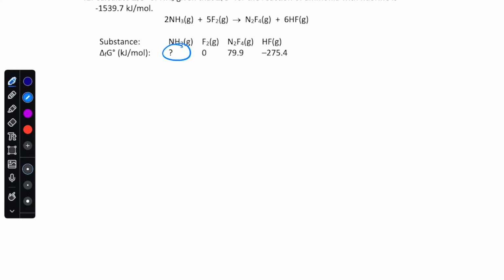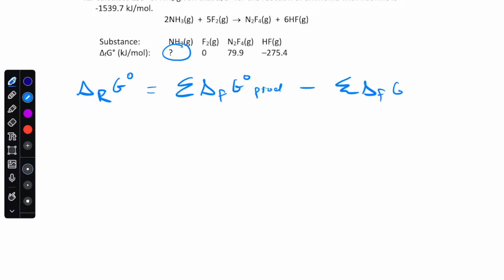And this is just using delta G of reaction is equal to the sum of the delta G's of formation of the products minus the sum of the delta G's of formation of the reactants. In this case, instead of giving us all the delta G's of formation, it left one out, but it gives us the delta G of reaction instead. So it's the same kind of question, it's just giving us a little bit different information.